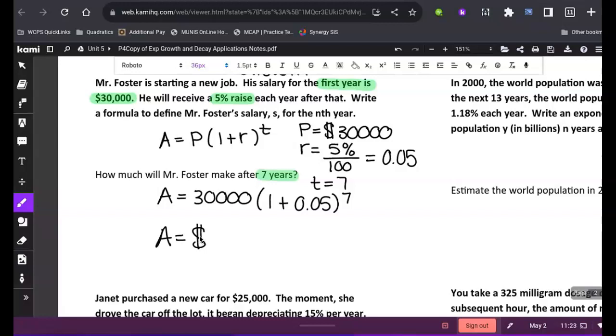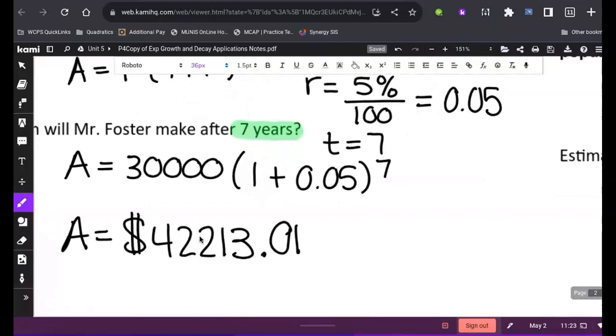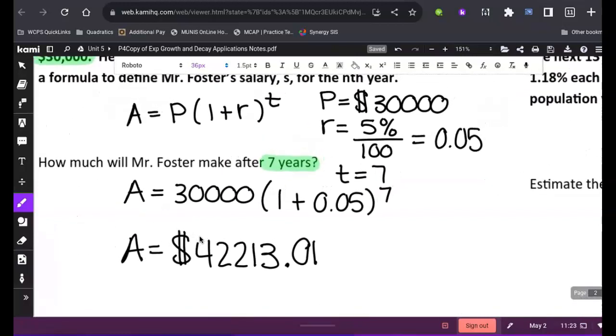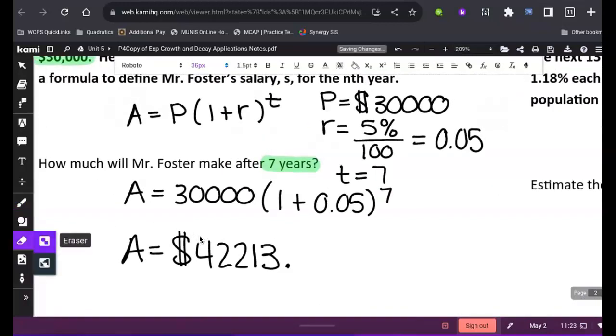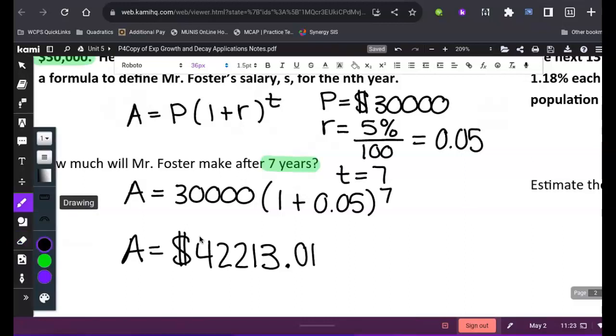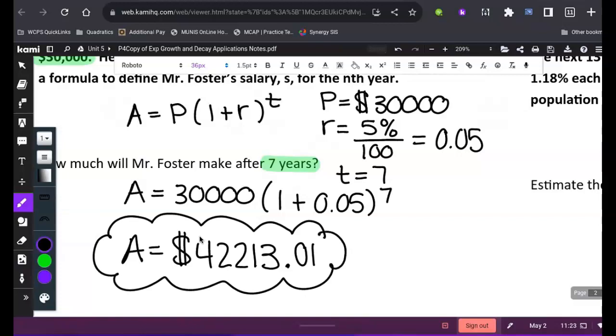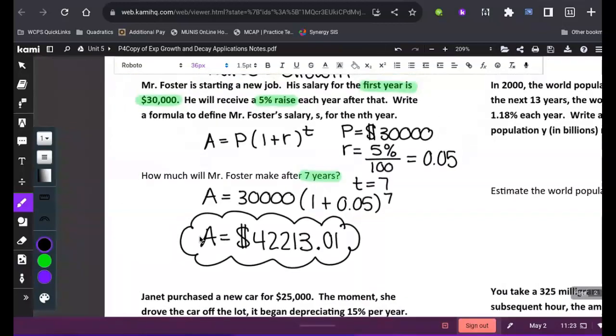So A equals $42,213.01. Since we're talking about money, you want to make sure that you round to the nearest whole, so 2 decimal places. So this is the total amount that he will make after 7 years.